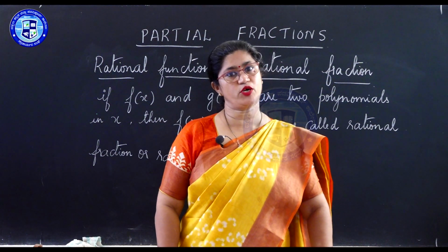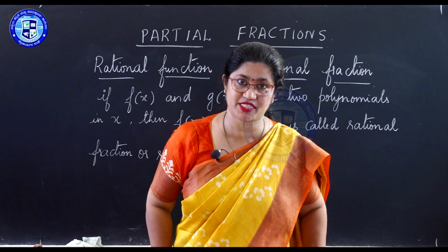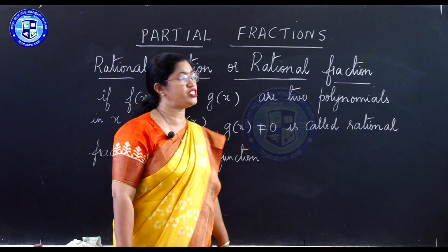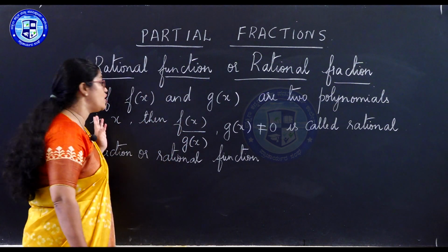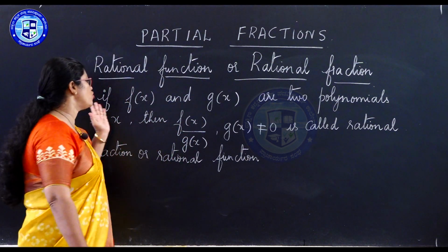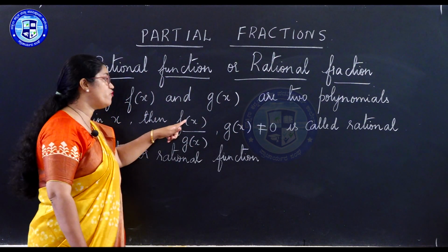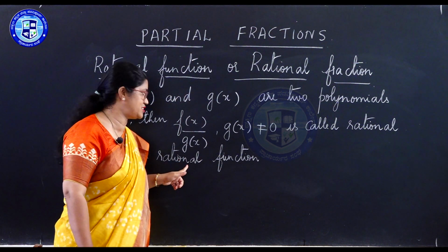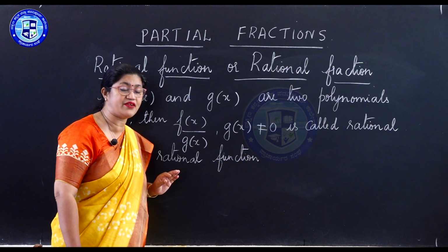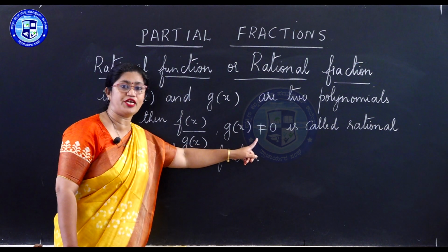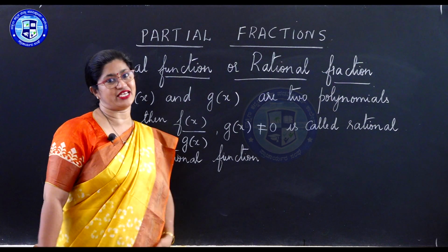The next concept that we are going to learn is rational function or a rational fraction. Let us quickly read the definition. If f of x and g of x are two polynomials, we already saw what is a polynomial, then f of x divided by g of x, with one condition, the denominator should not be 0, this is always there when division comes, g of x is not equal to 0, is called a rational fraction or a rational function.